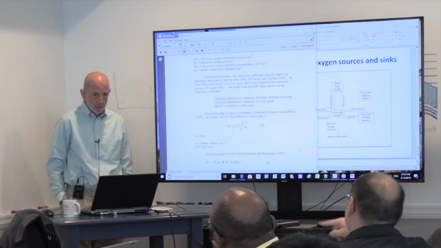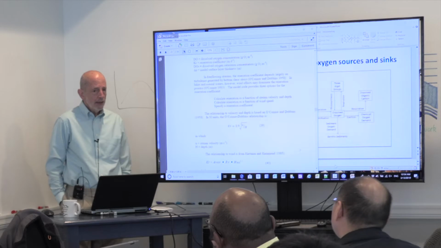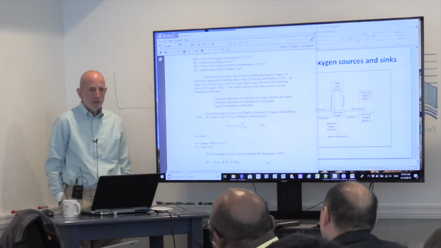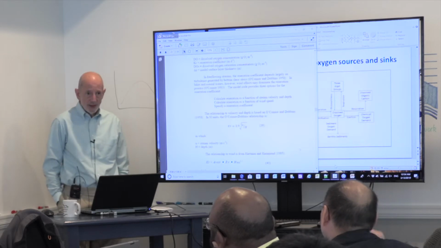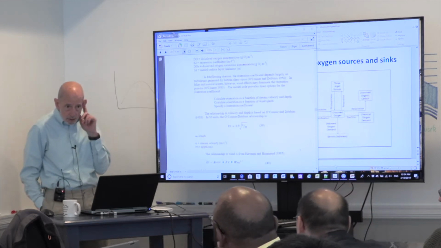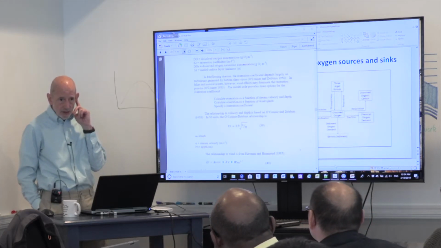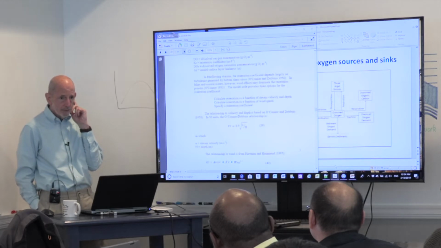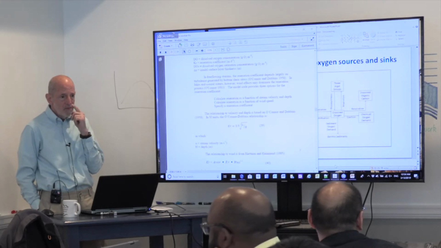Because if it's tidal, it could cancel out. You can't use tidal average velocity. That's a trap. You have to use the magnitude of the instantaneous velocity, because otherwise the tidal average might be close to zero.